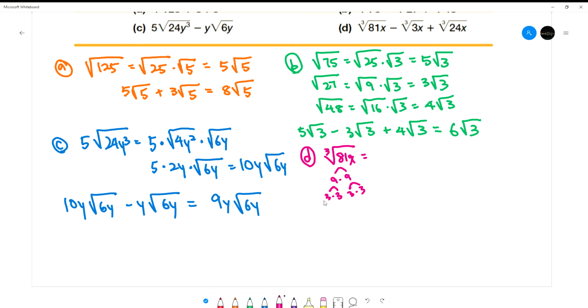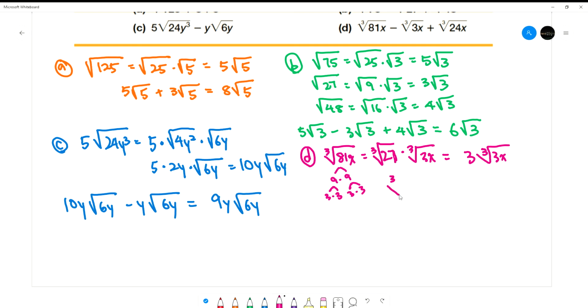So now I see 3 of these 3's, because it's a cubed root. So I know this is basically cubed root of 27 times 3x. Let me write these separately. The cubed root of 27 times the cubed root of the other factor, which is still a 3, and the x. So that's how I get 3 cubed root of 3x. That's the 81x. The second term is okay.